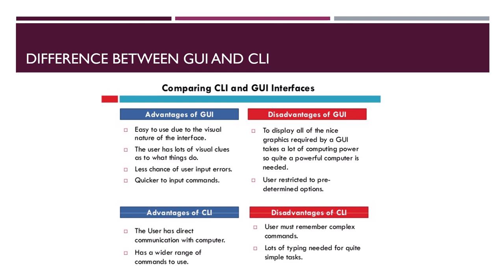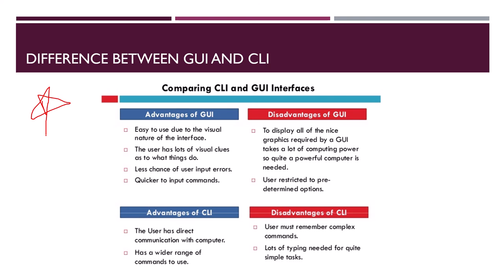Putting together all that we discussed so far, operating system interfaces are used for the user to interact with the computer system. They are divided into two: graphical user interface and command line interface. Both have advantages and disadvantages, and this is a very important slide for you to remember for your examination.